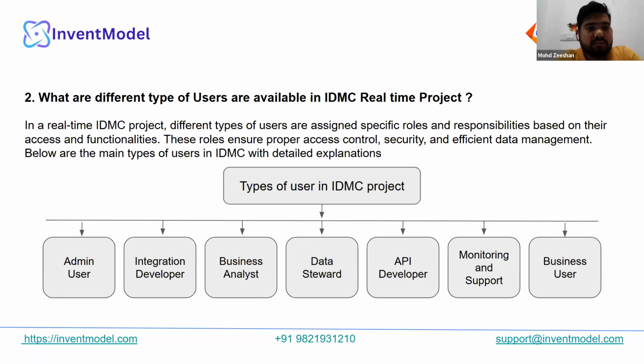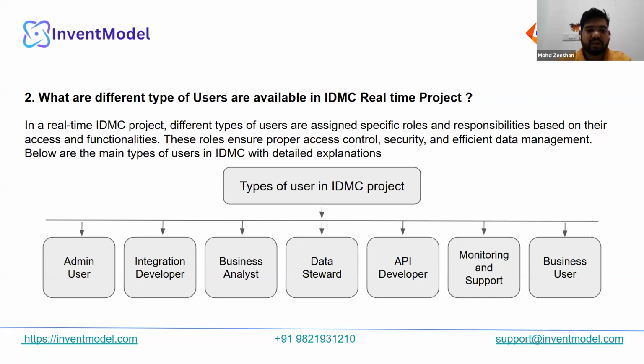So the next question we have is: what are the different types of users available in an IDMC real-time project? I told you we have different types of users in an IDMC project because it's a project, and in a project multiple employees can work. Remember it. Similarly, we have multiple users, I mean multiple developers.